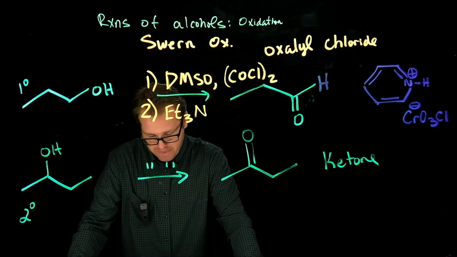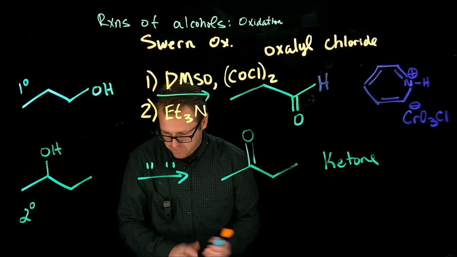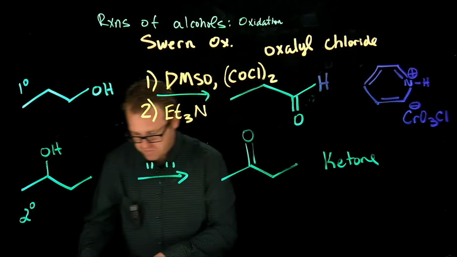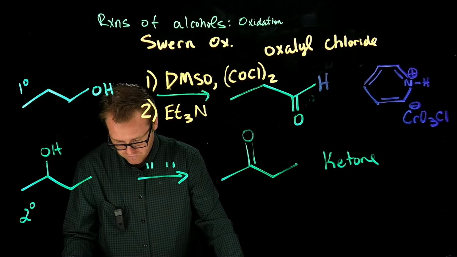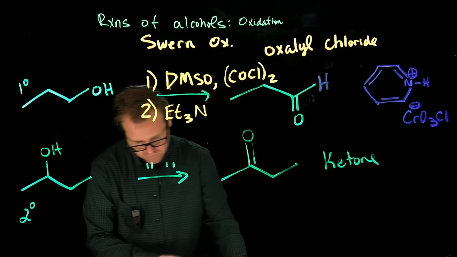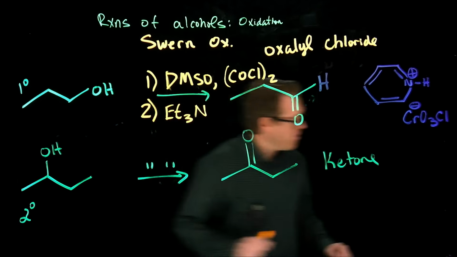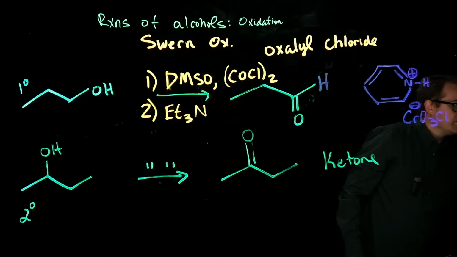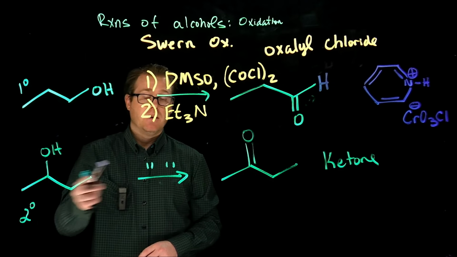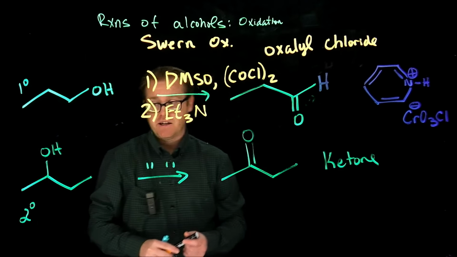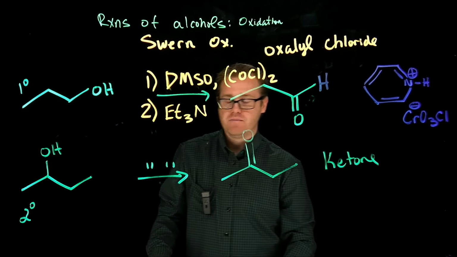All right. If you take a secondary alcohol, treat it with the Swern oxidation conditions, you will then generate a ketone. All right?